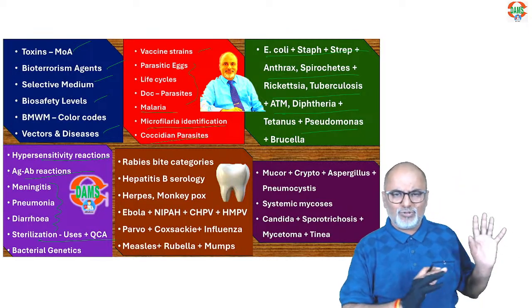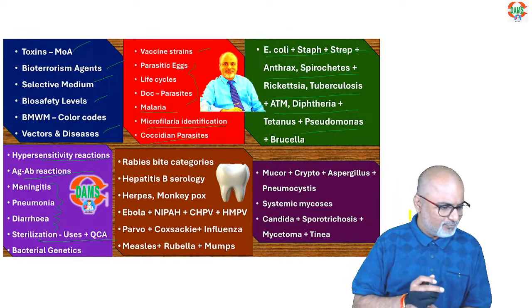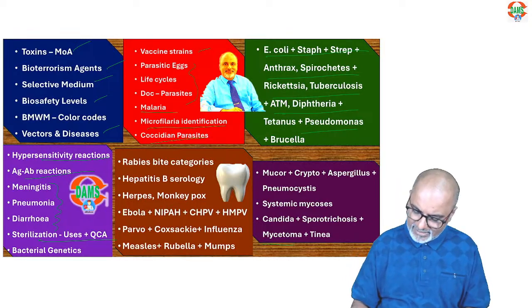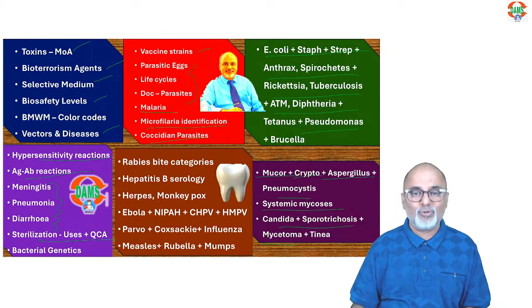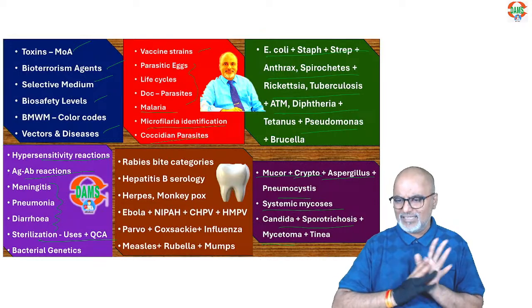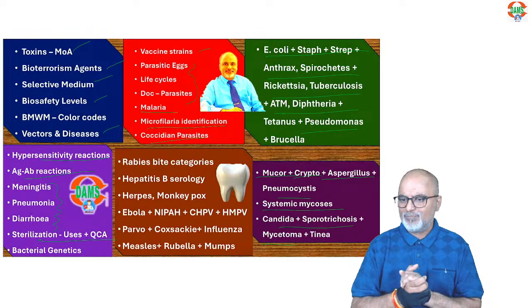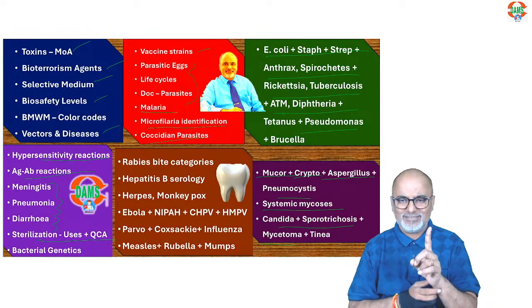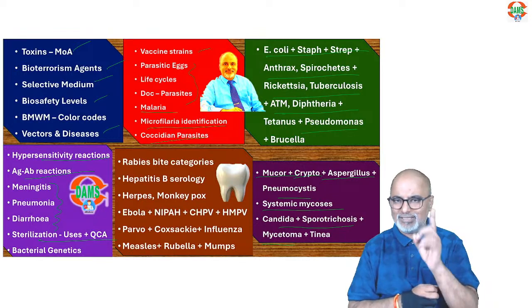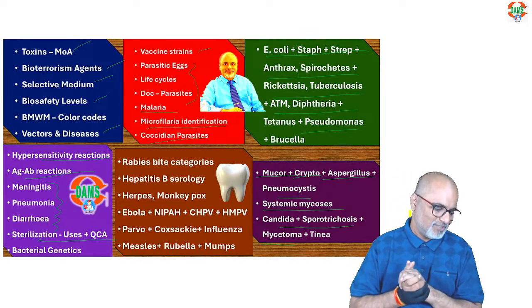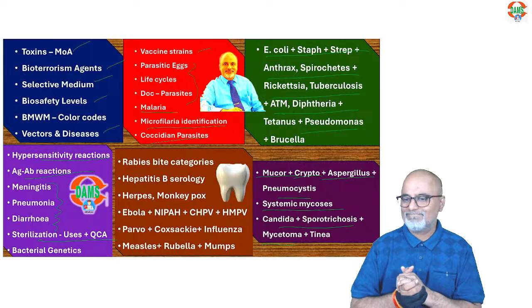Some 25 topics I made. Read all, even mycetoma, candida, systemic mycosis, aspergillus, cryptococcus, mucor. 30 to 40 topics are there. Maximum questions I made from each topic. You go and read this, you will score 100% in microbiology. I will give the guarantee. Read all. Got it?